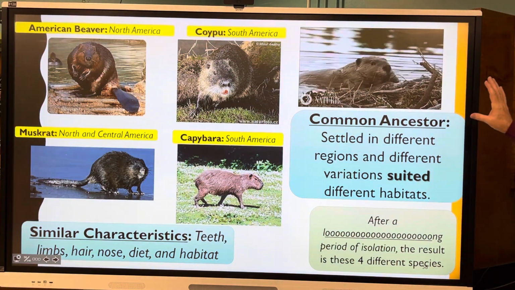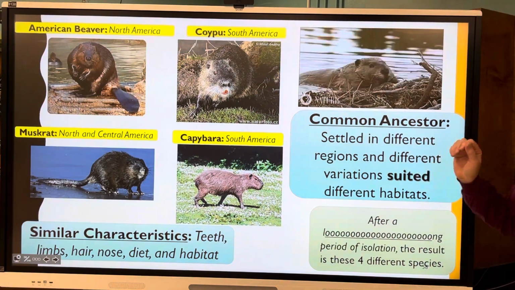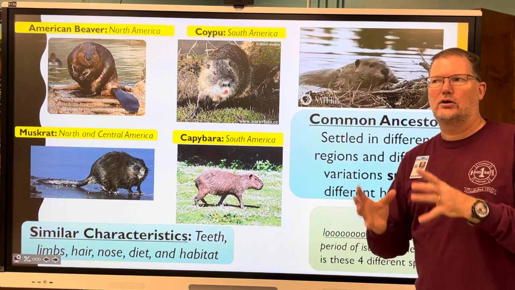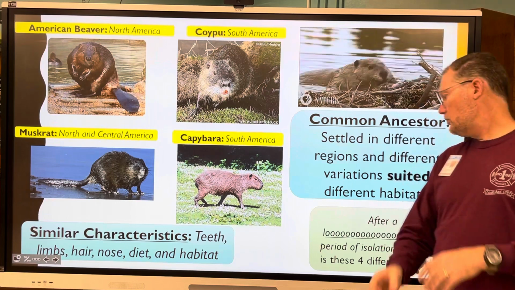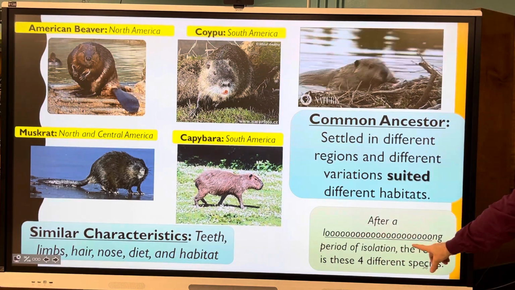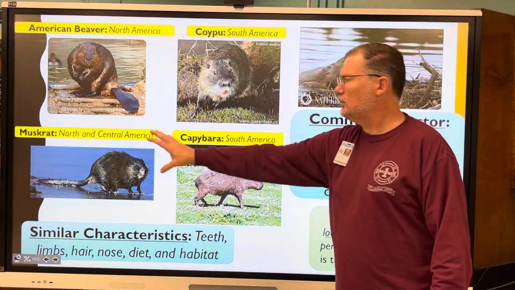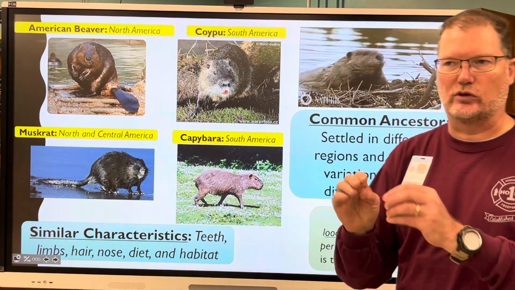So that means they probably have a common ancestor, right? Settled in different regions, and then mild changes in their surroundings made that species adapt. So after a long time, 4 different species evolved that came from one ancestor. That's called speciation.